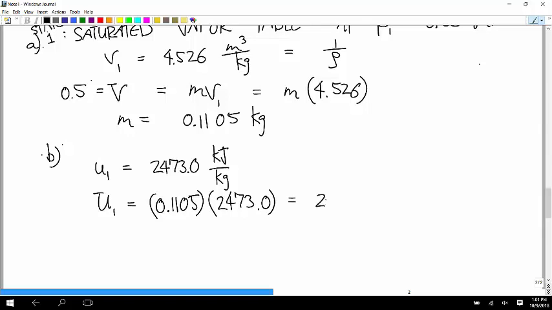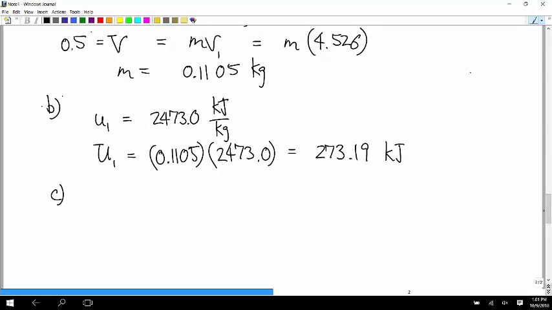And you get 273.19 kilojoules. And then the long step is part C. That's the one where we have to interpolate.